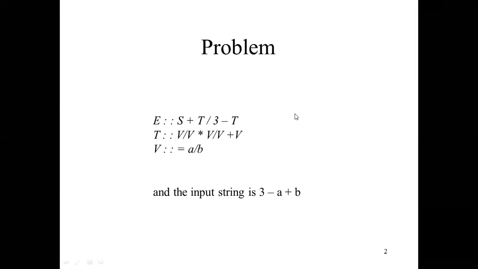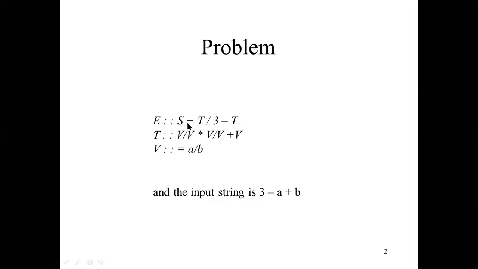So we have two options. Then we will take the root node, we will choose the root node as E. And then on the left side we will write S plus T, and on the right side we will write 3 minus T. And then we have three options.